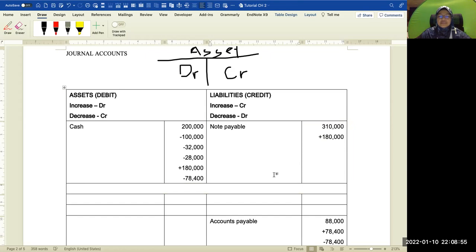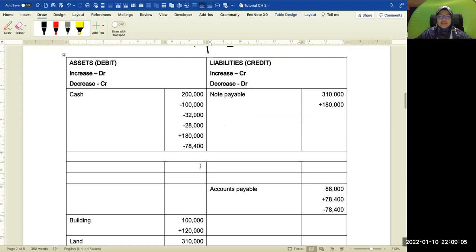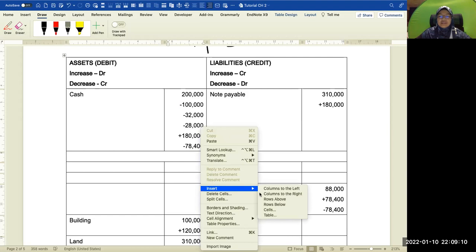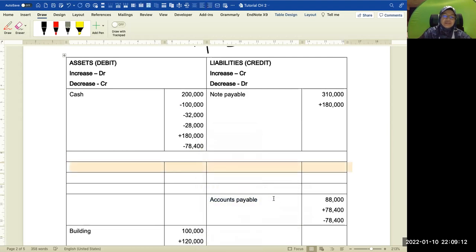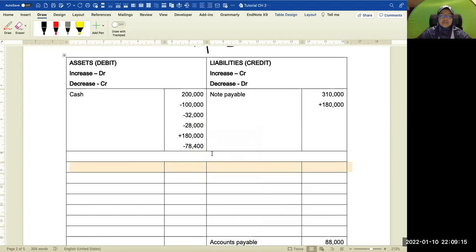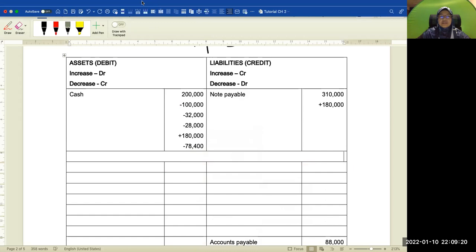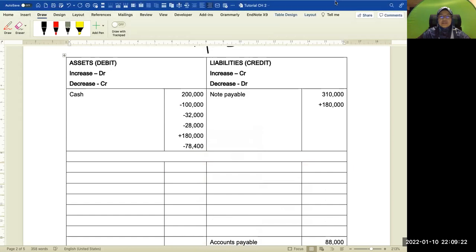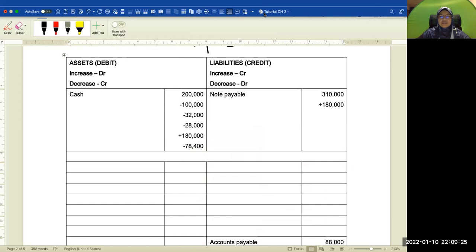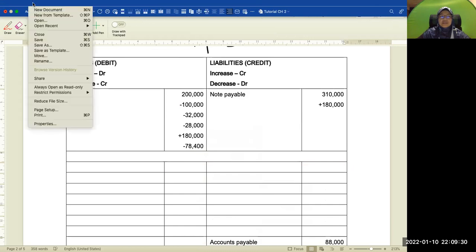So if you sum it, 200,000 plus 180,000, total credit will be 380,000, and total debit will be 380,000. Okay, total debit and total credit will be 400.